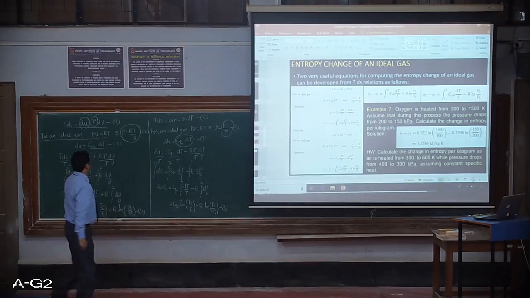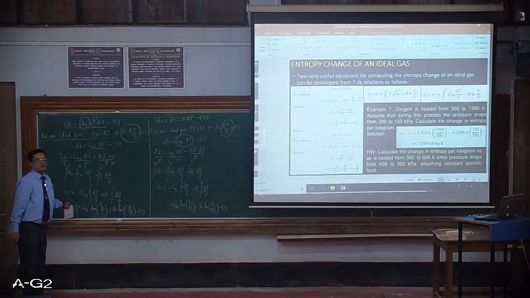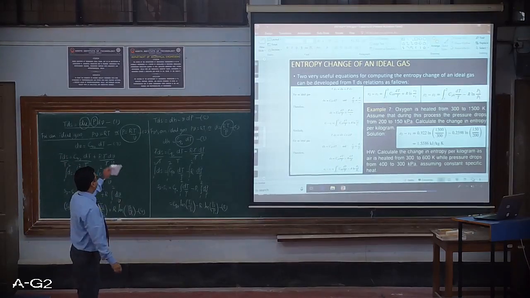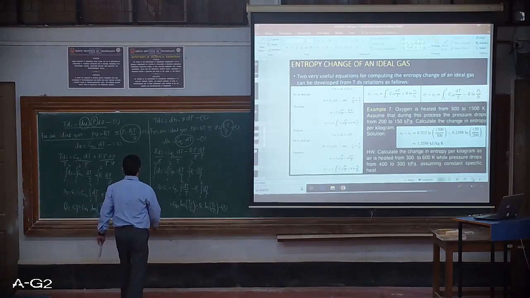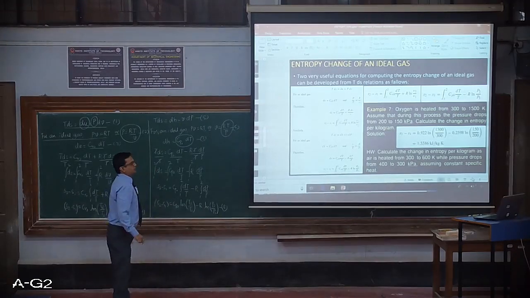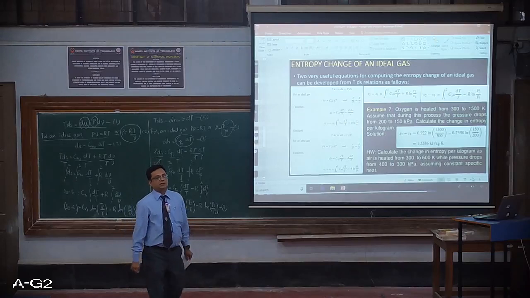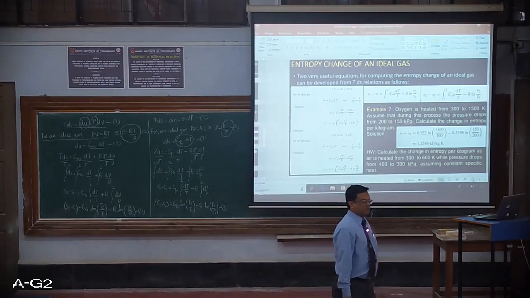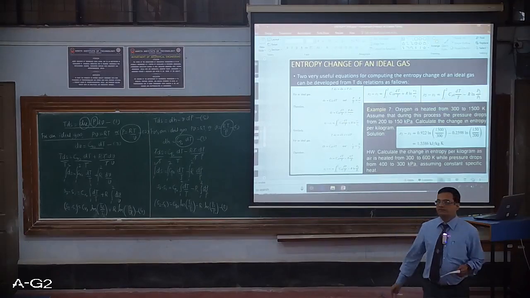So four steps to achieve the change in entropy using one of the TdS relations, and the remaining four steps to get the same entropy change using another TdS relation. Now which of these equations is to be used when the change in entropy for an ideal gas is asked?